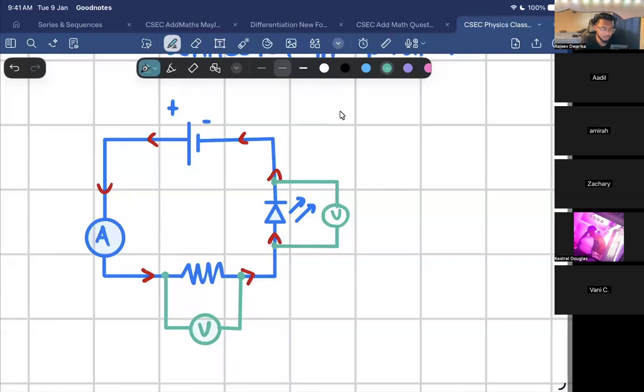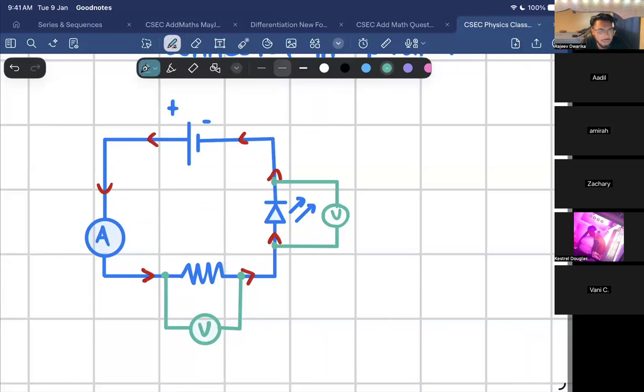Let me show you how it actually works though. Again, if you do electrical engineering, you can learn about this. Voltmeters have an internally high resistance.